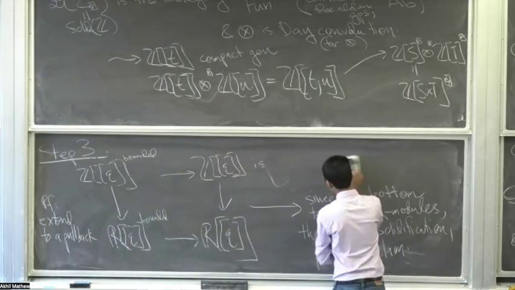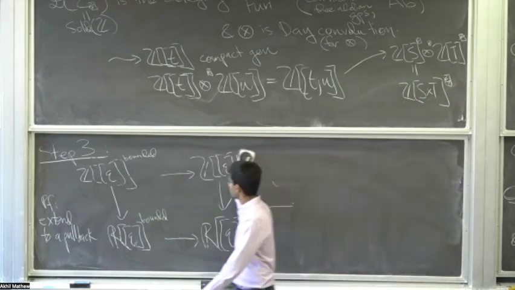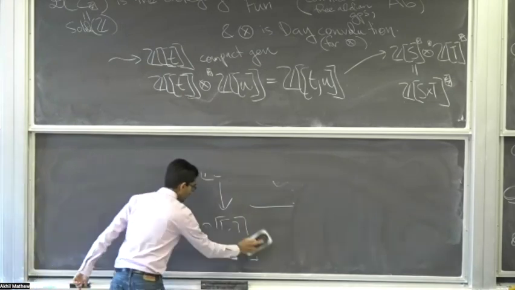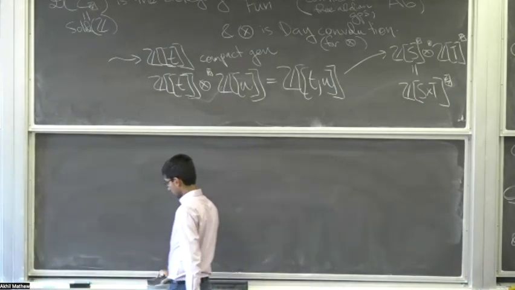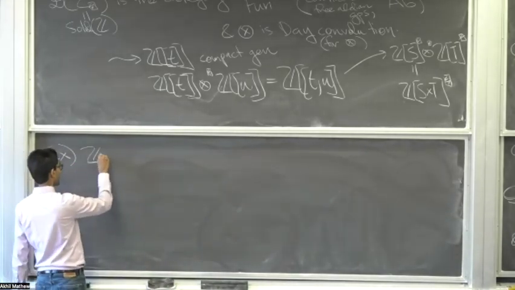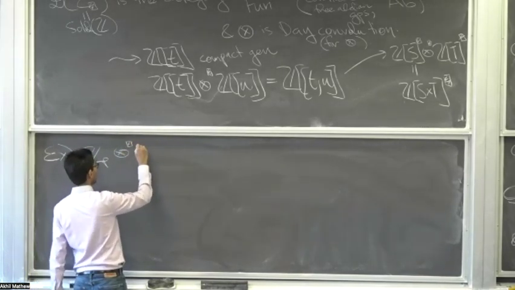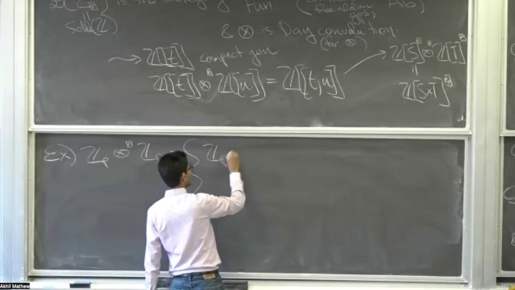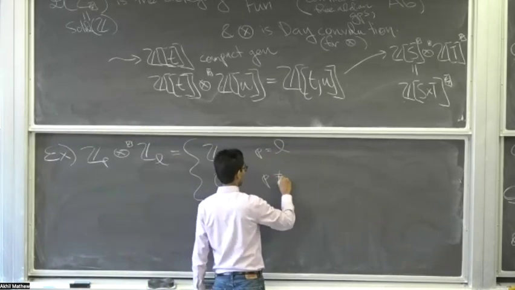So I just wanted to do a couple of examples. The example is that if you take Z_p and take the solid tensor with Z_l, this is either equal to Z_p if p equals l, or 0 for p not equal to l.